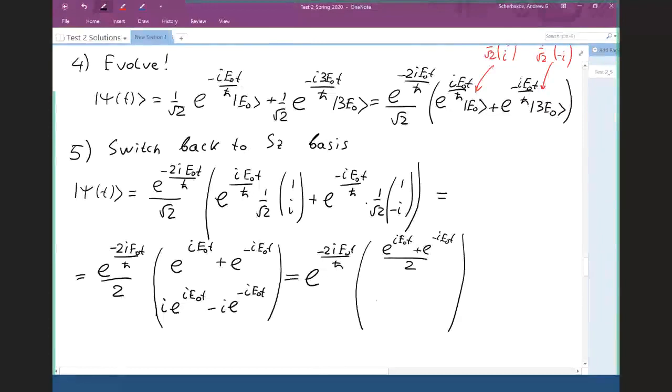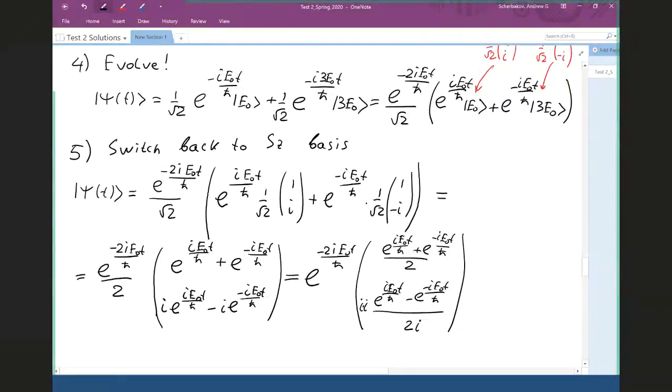And here I can write it like this: e to the i E naught t over h bar, I keep forgetting h bar here, yes, minus e to the negative i E naught t over h bar, over 2. And there is i here, right? So let's multiply top and bottom by i. So I get i in the bottom, and here I have another i, so I get i squared.